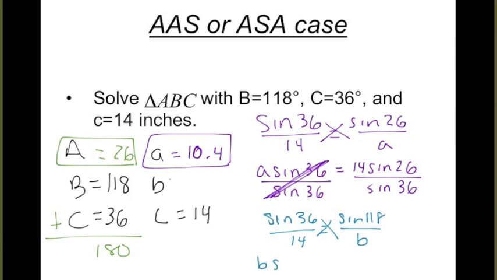Cross multiply. b sine 36 is 14 sine 118. And divide by sine of 36 to get the b all alone. And we get about 21.